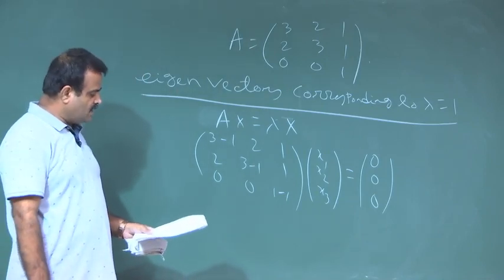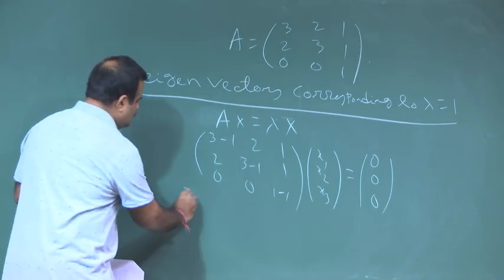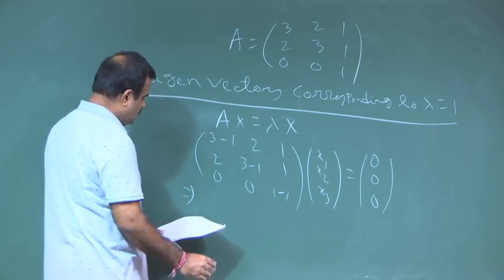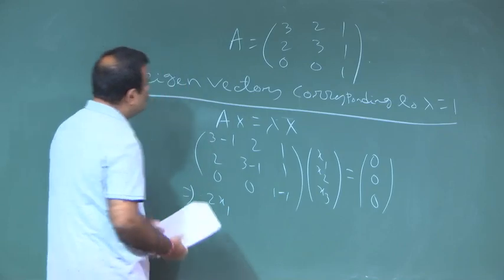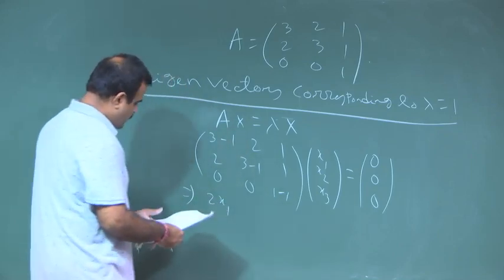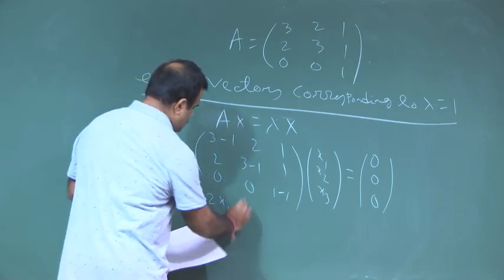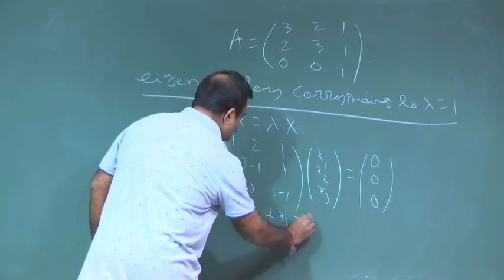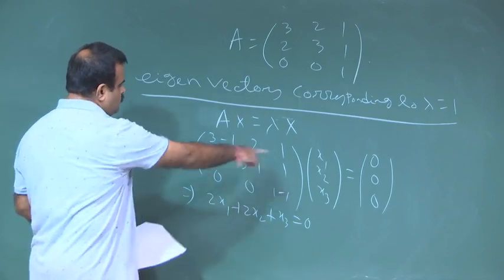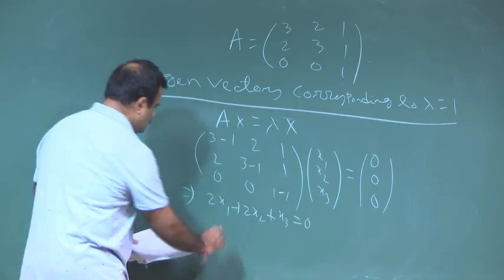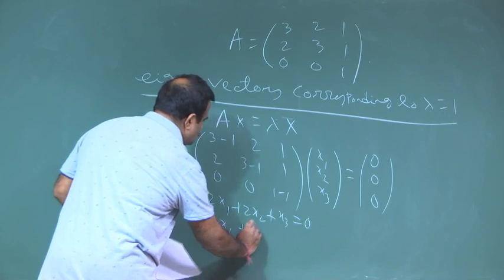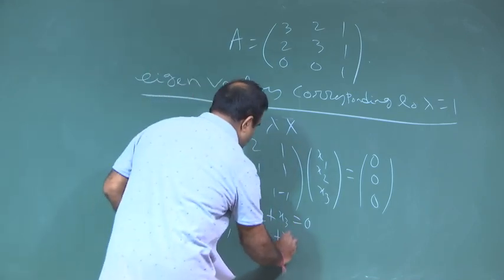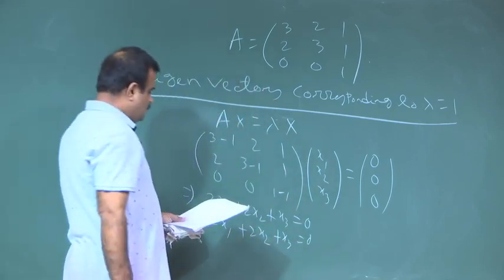Now, if we solve this, we get 2 x 1 plus 2 x 2 plus x 3 equal to 0, and we have only two equations, because one row is becoming 0. These two are the same, redundant. So we keep this one.